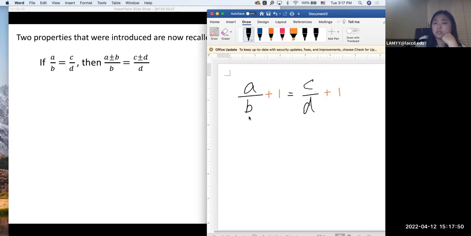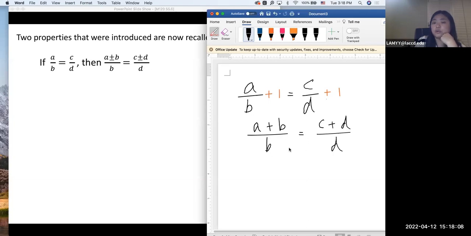Then we get the same denominator: B on the denominator, A plus B on top, and C plus D on the other side.